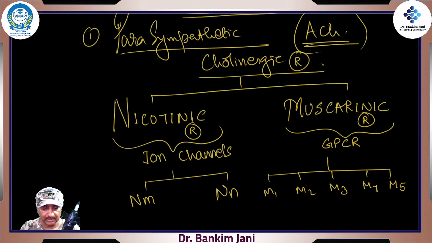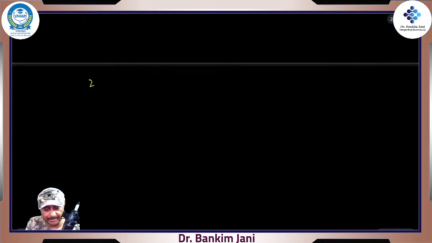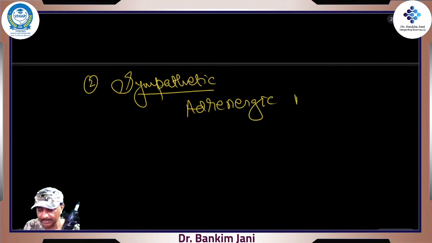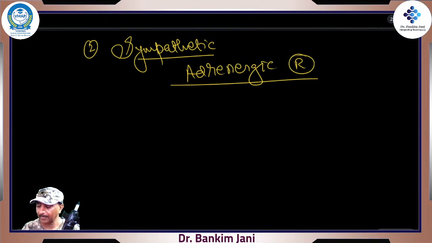Okay? The second group should be of sympathetic. When we say sympathetic, that means they all will be related to adrenaline, so we'll call them adrenergic receptors. These adrenergic receptors you have to remember, like a mnemonic, because some things you cannot remember otherwise, and this way you remember it very instantly.